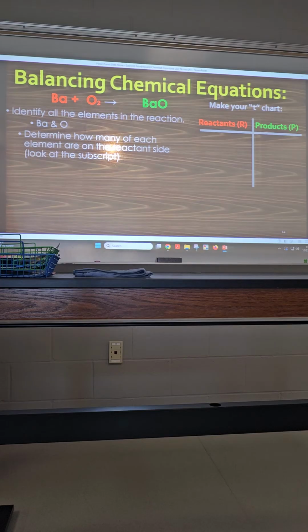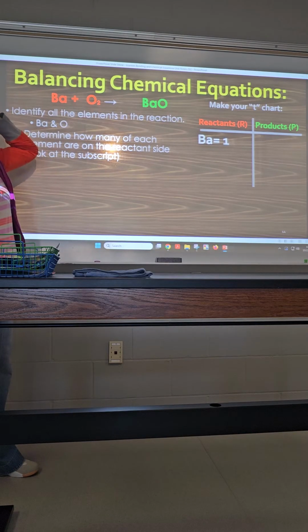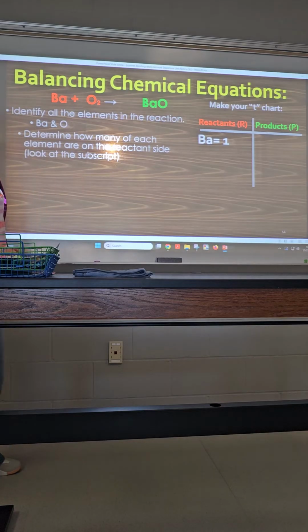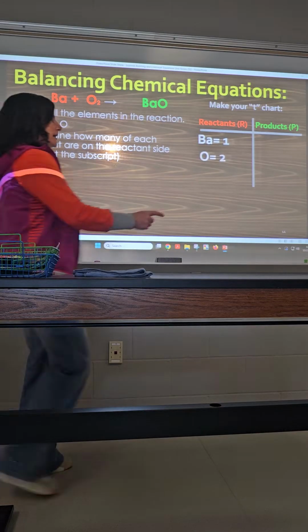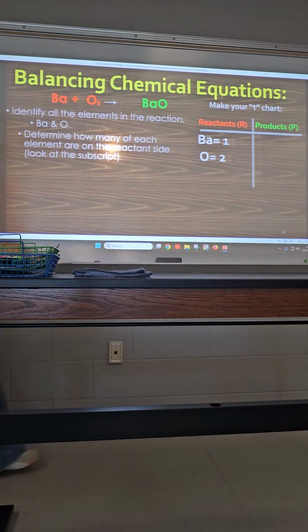Now we're just going to count up how many we have on each side. So Ba obviously is 1. How many oxygens are on the reactant side, Maddie? 2. Okay, so we'll put O equals 2. Again, leaving some space right here. And then let's count up the product side. How many Bas are there?